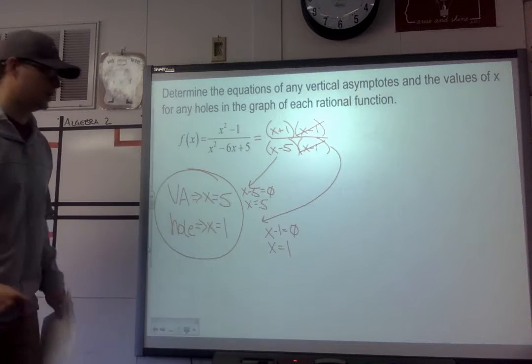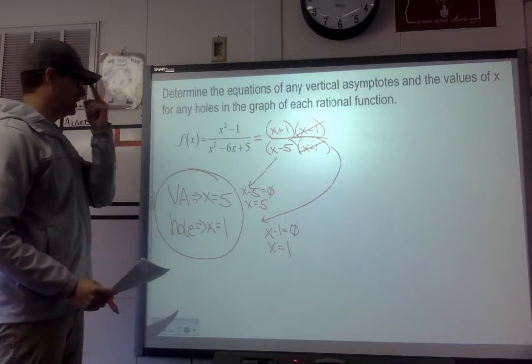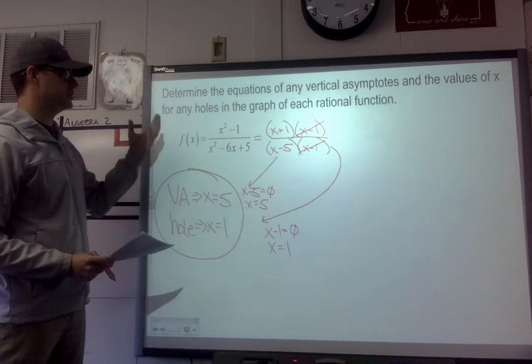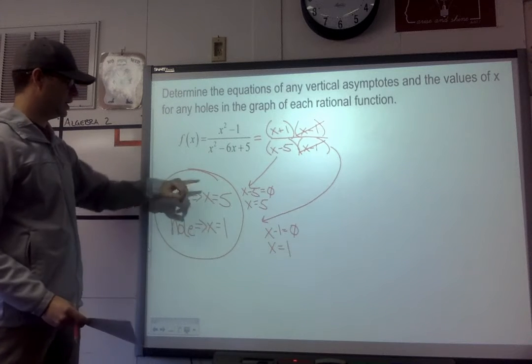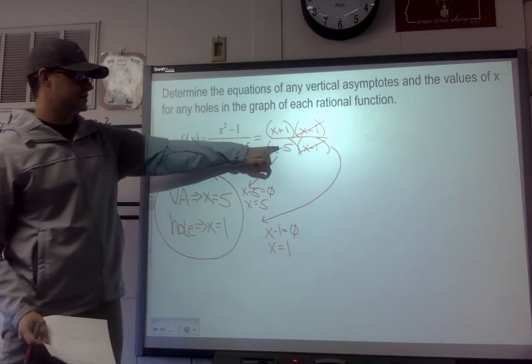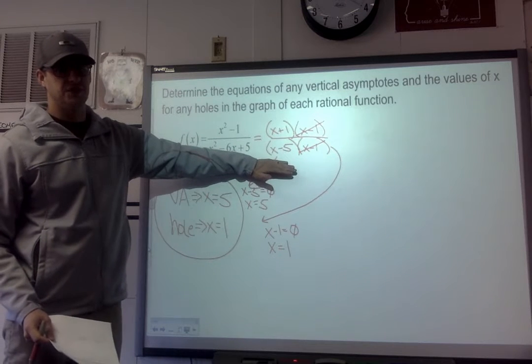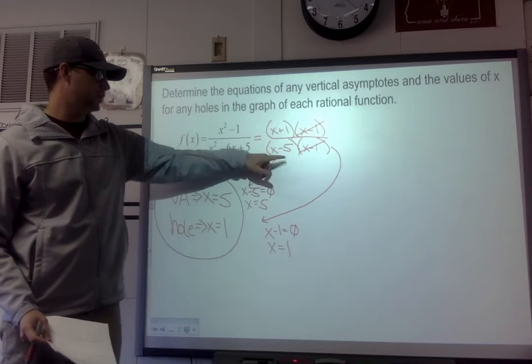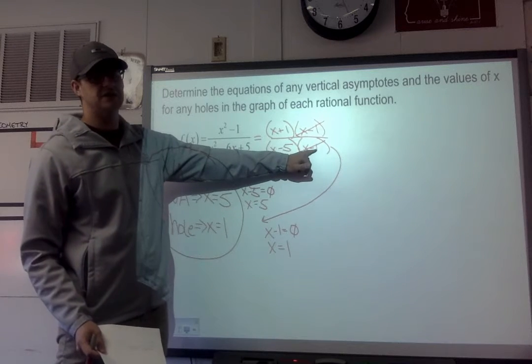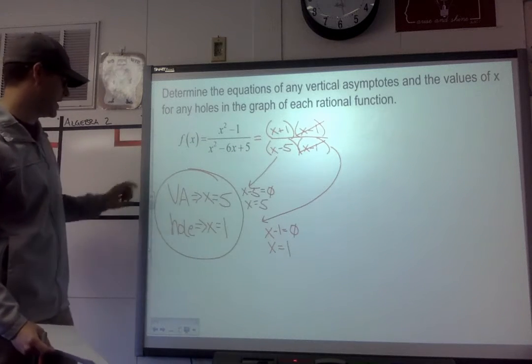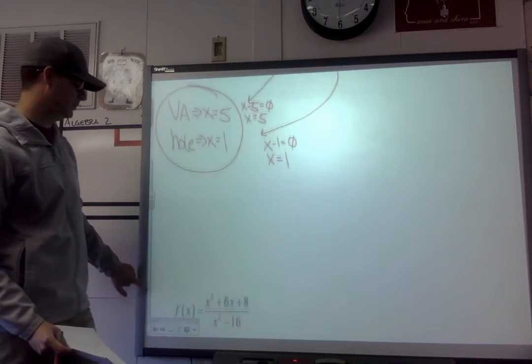So for this one, we're not graphing or anything. They just ask us to determine the equations for vertical asymptotes and holes in the graph. Which again, because x minus 5 is not canceled, that's left in the simplest form, then that would be a vertical asymptote. Because x minus 1 is canceled, that would represent a hole.